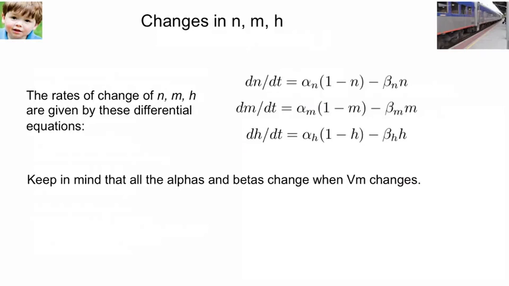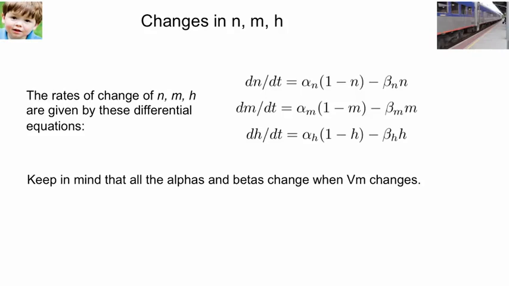Hodgkin and Huxley taught us that each of these probabilities changes in one of these rate-changing equations. Let's look at what the terms are. If we want for a moment to think of n as being the number of channels that are open, it's a probability, but let's say it's the probability out of 1,000,000 channels, how many are open.